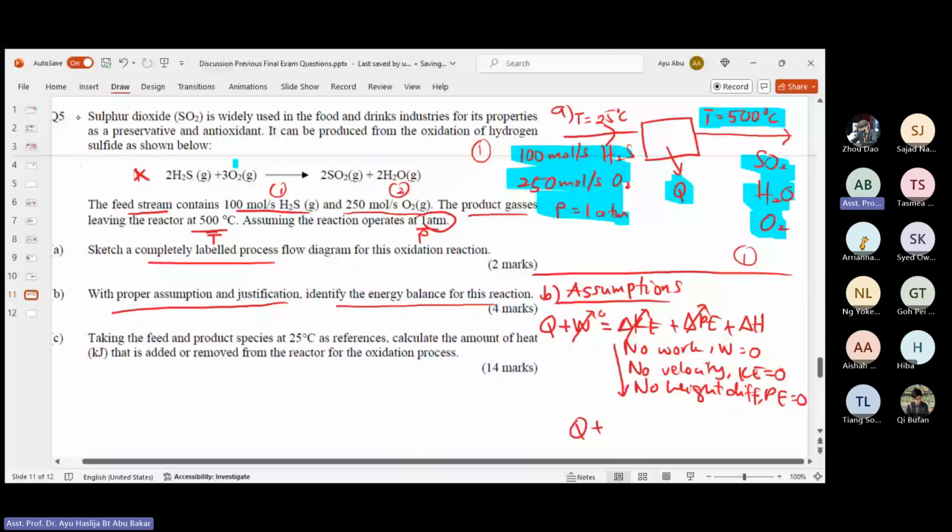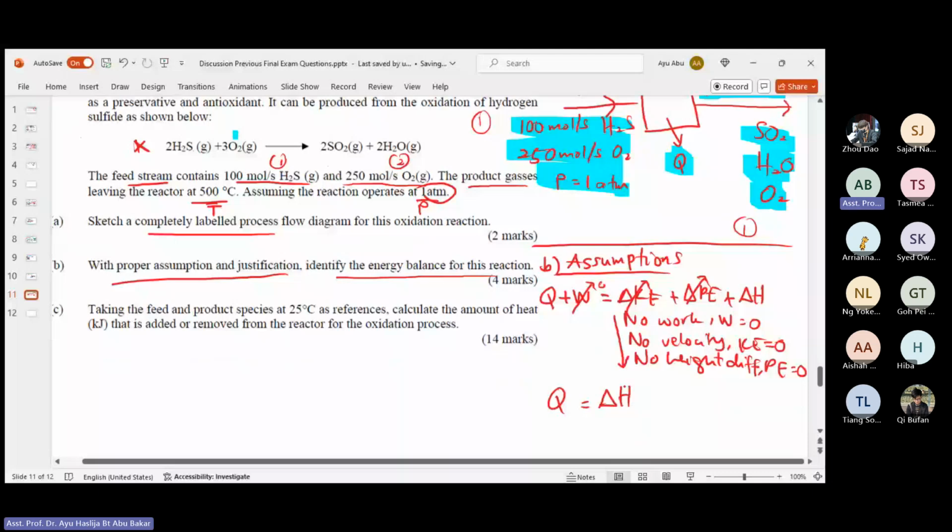Now this question wants you to identify what is the equation involved first. You must get this correct. It doesn't stop over there. Q equals delta H. Now, if you expand, because this involves a reaction process, what should it be?